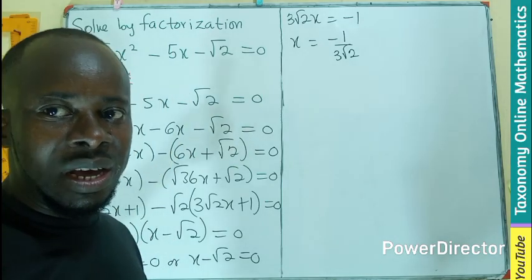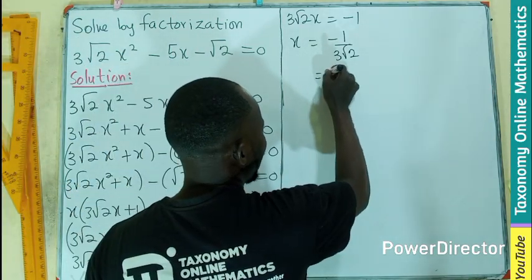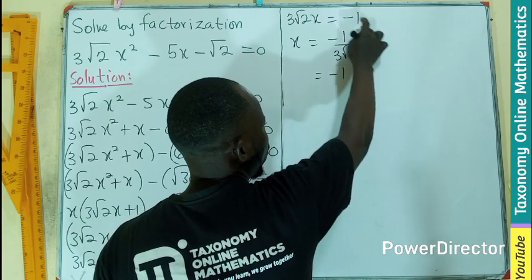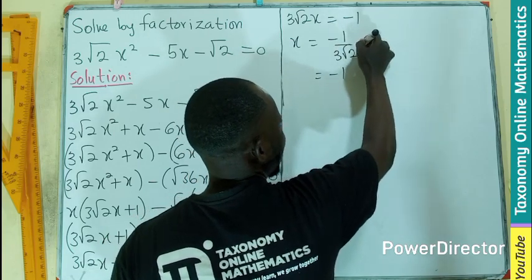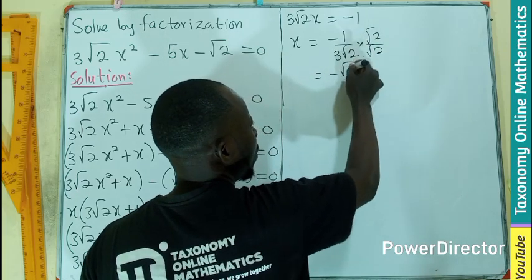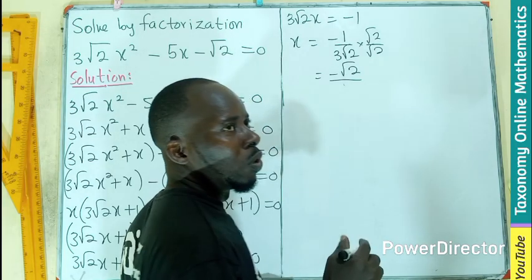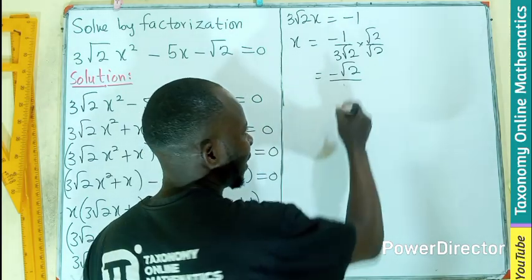And this must be rationalized because we don't need a root in the denominator. So this becomes negative 1 times √2 over √2, so that will give you √2 in the numerator, negative. This time the denominator will be giving you √4, which is 2, 2 times 3, 6.